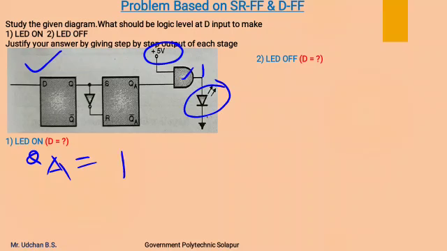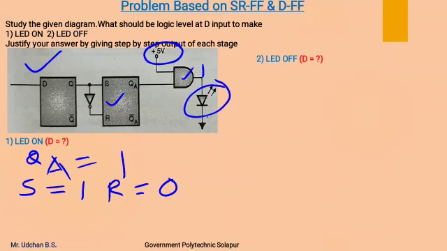So to get QA high, we have to set this SR flip-flop, for which the set input of the SR flip-flop should be high and the reset input should be low. That is S equal to 1 and R equal to 0.